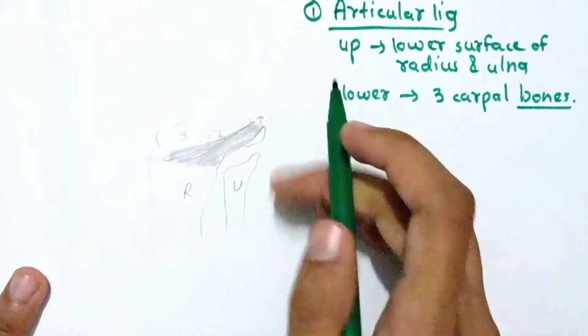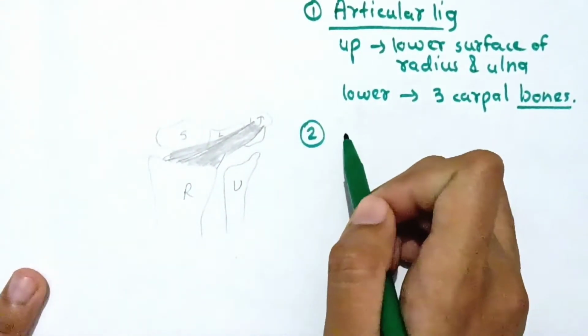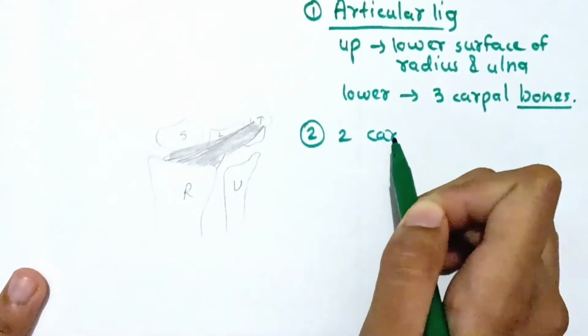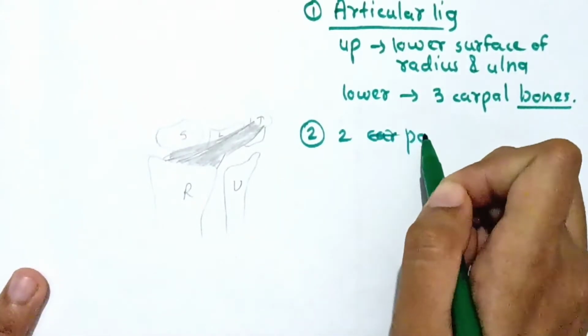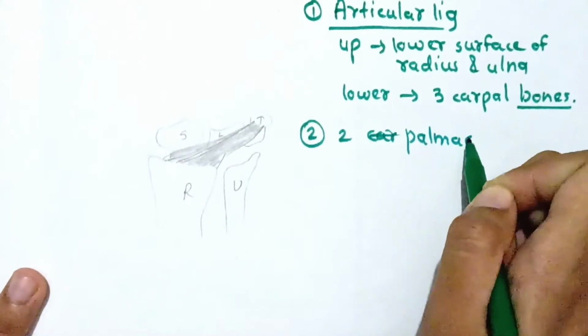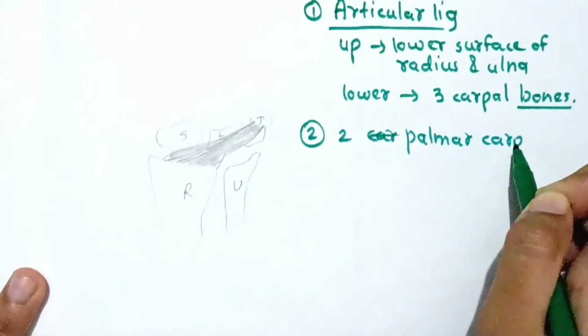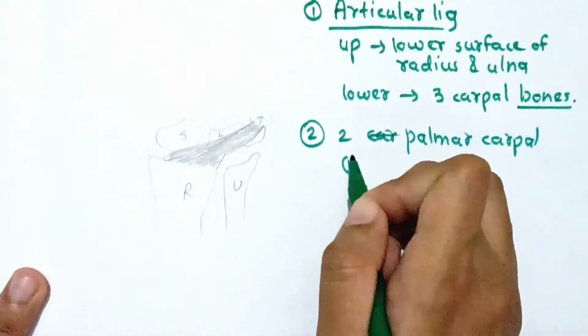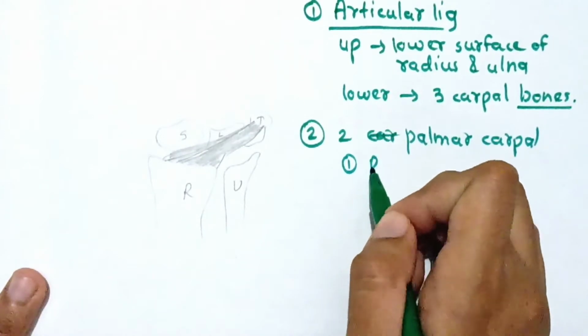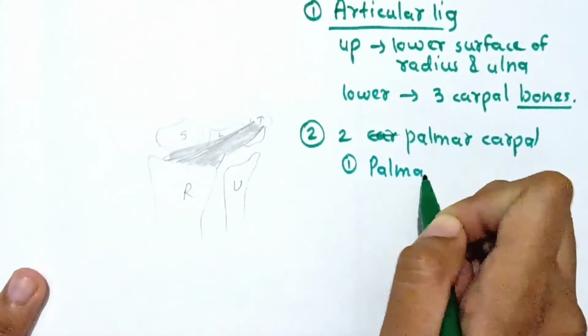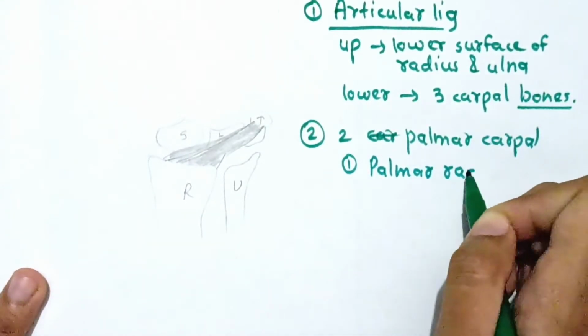Now next we have the 2 palmar carpal ligaments. The first one is the palmar radiocarpal.